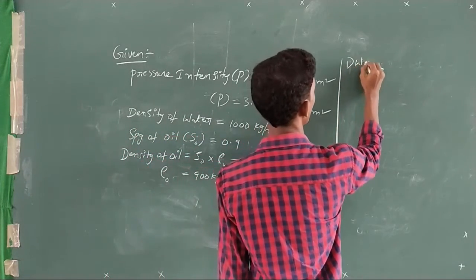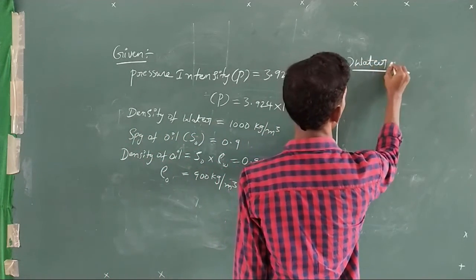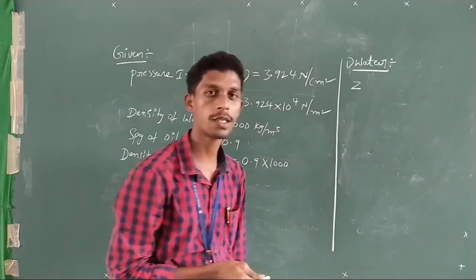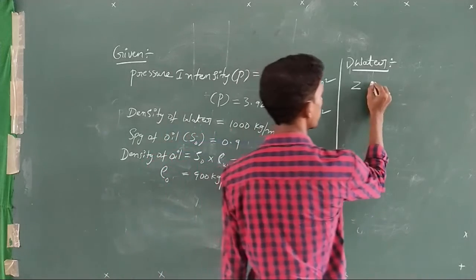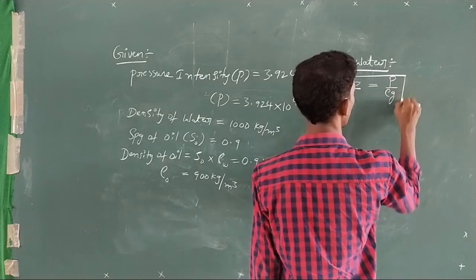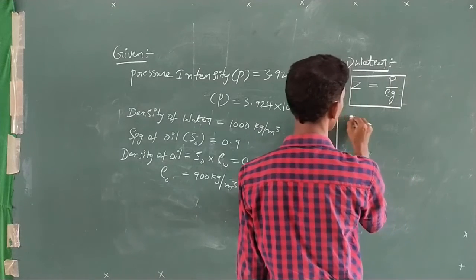So the first condition for water, he has asked us to calculate the height. So this is the term he is asking us to calculate, right? So what is the formula here? P by rho g. So what about the Z? Substitute the values here.